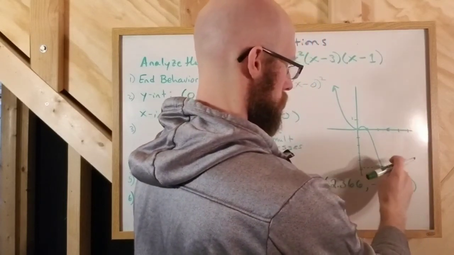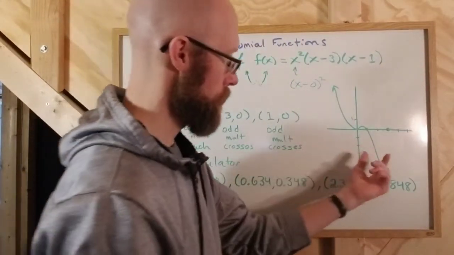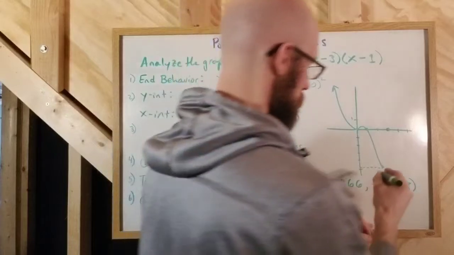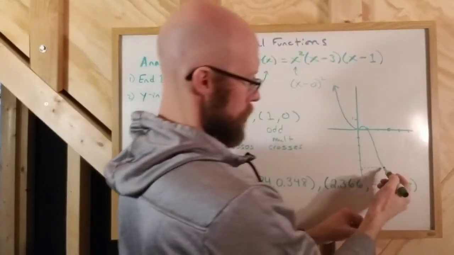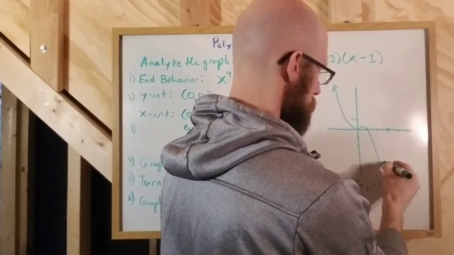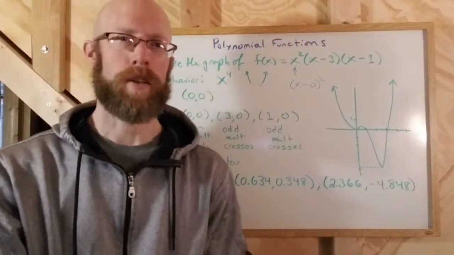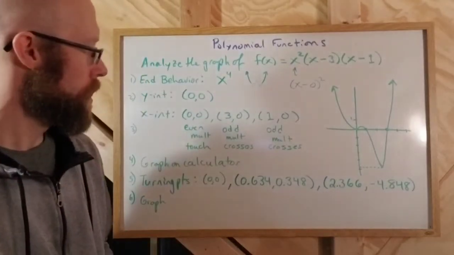I'm trying too hard to make this look symmetrical, but it will not be symmetrical necessarily, right? That minimum does not occur halfway between the intercepts, so probably trying too hard to make that look nice. Anyway, there it is.